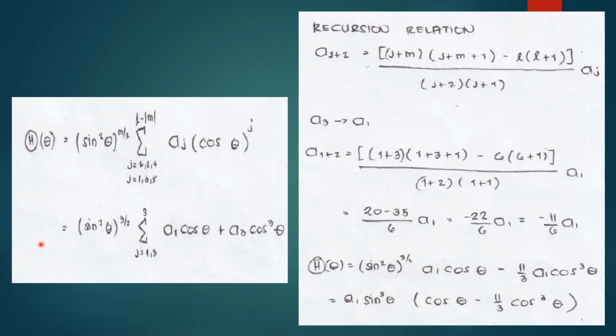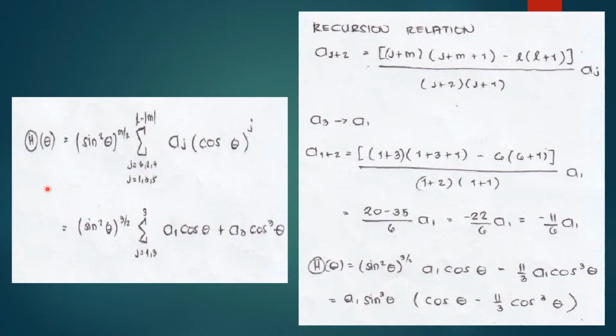Next is the solution for the theta function from the spherical harmonic function. So the equation is theta is equal to sine squared raised to m over 2 times the summation of a j times cosine theta raised to j, with j from 0 or 1 to l minus m.